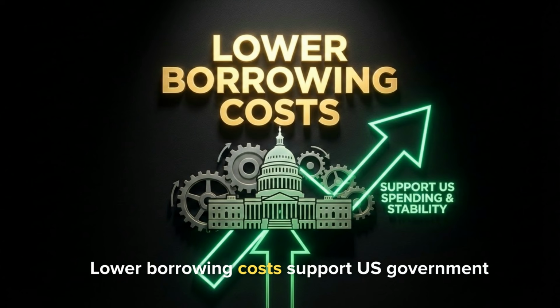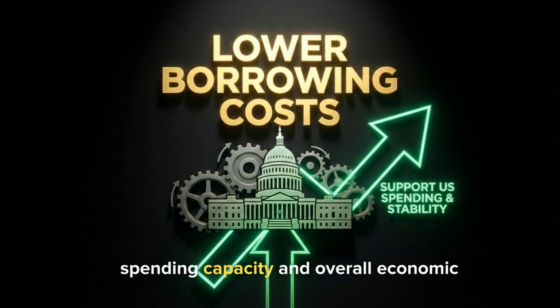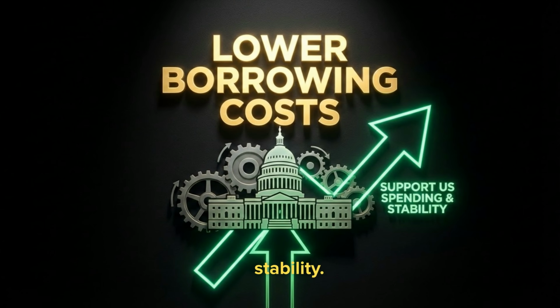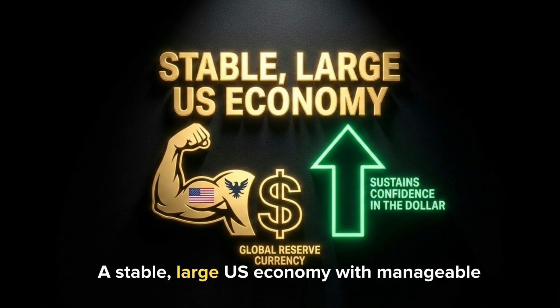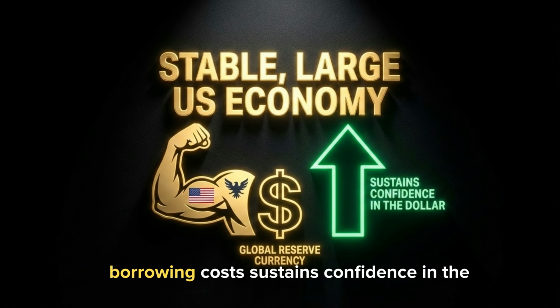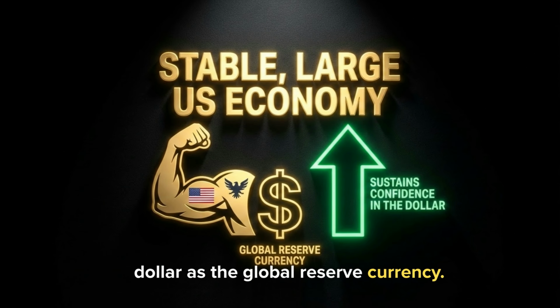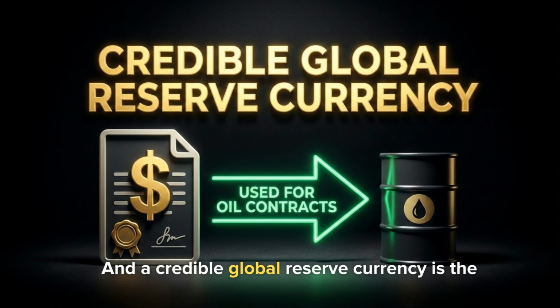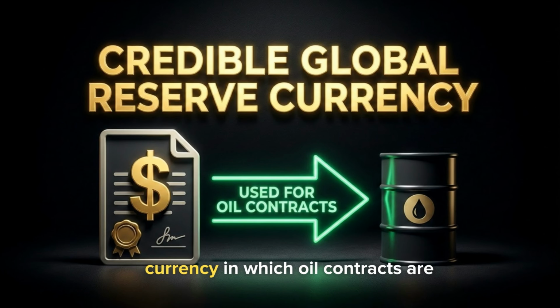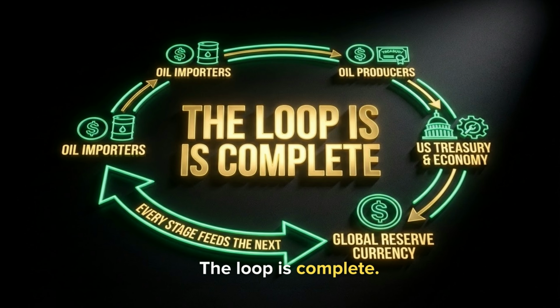Lower borrowing costs support US government spending capacity and overall economic stability. A stable, large US economy with manageable borrowing costs sustains confidence in the dollar as the global reserve currency. And a credible global reserve currency is the currency in which oil contracts are denominated. The loop is complete. Every stage feeds the next.